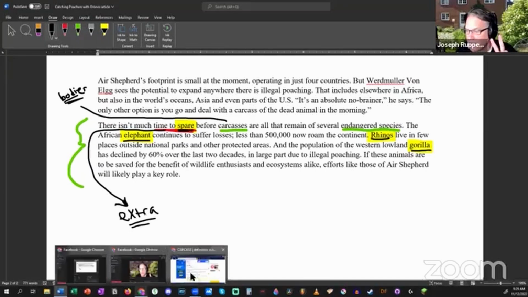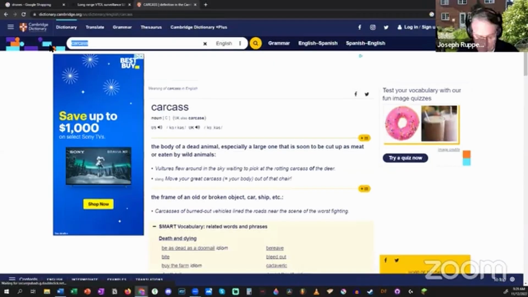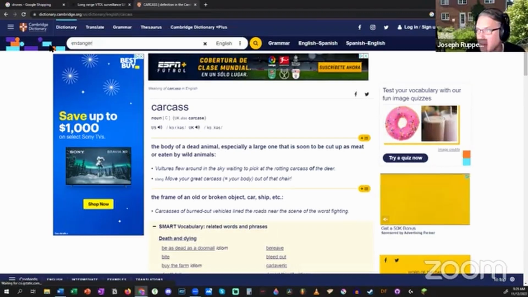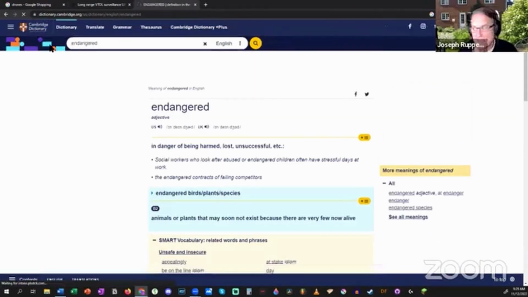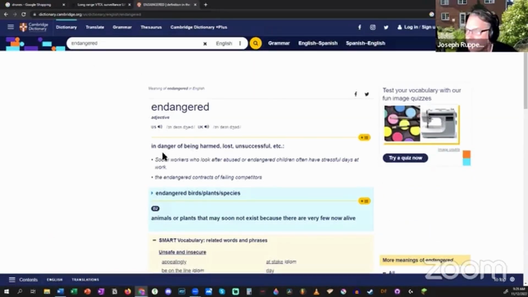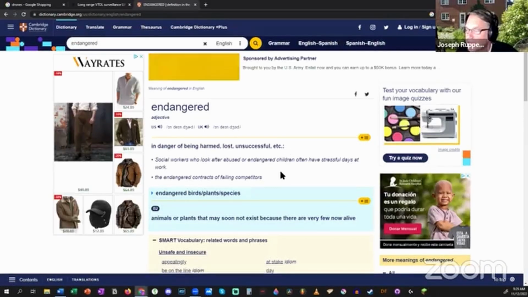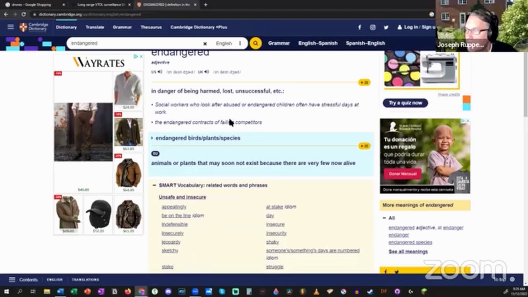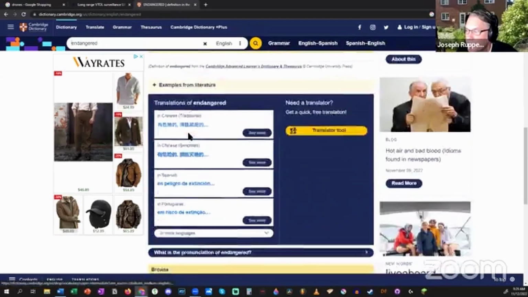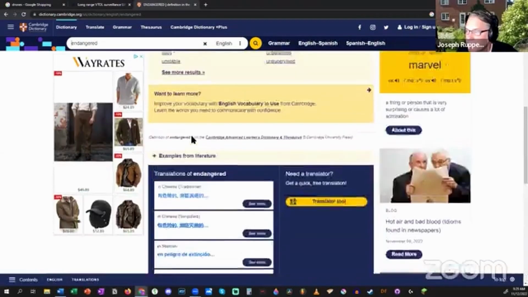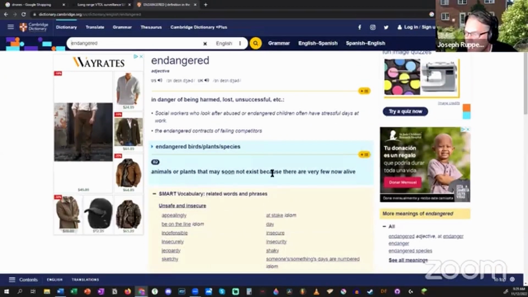So two things really fast. Let's look up endangered, which you may see has the word danger in it. In danger of being harmed, lost, or unsuccessful. Oh, here we go: animals or plants that may soon not exist because there are very few now alive.